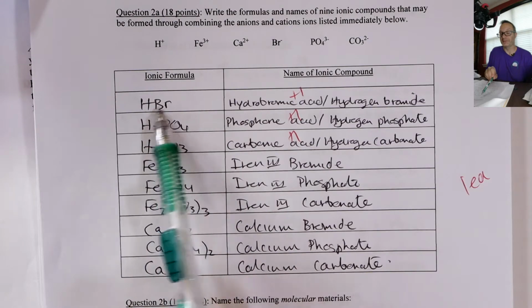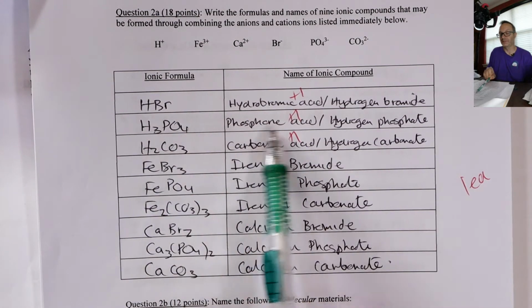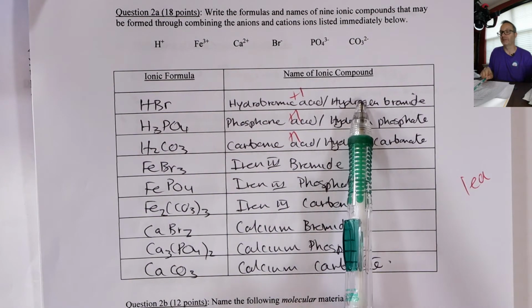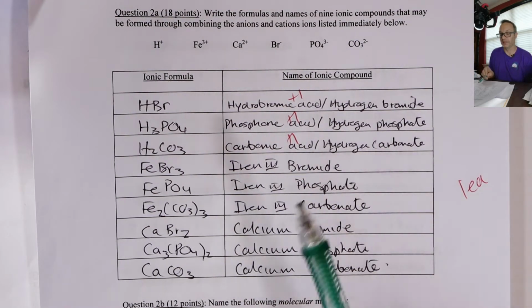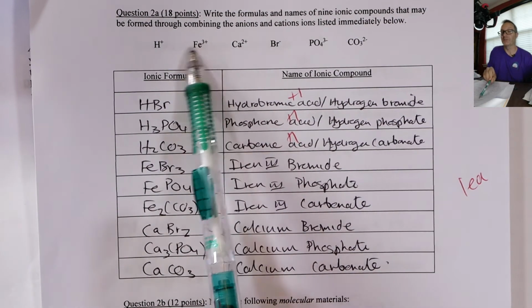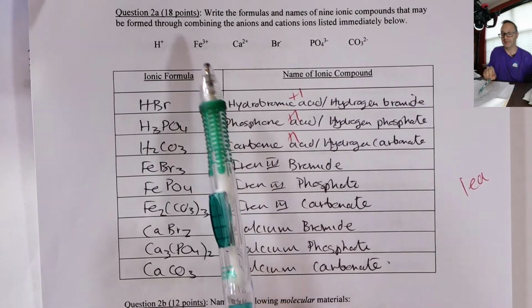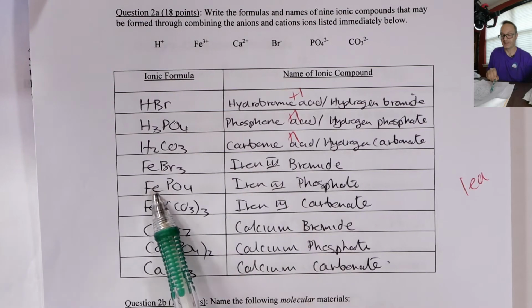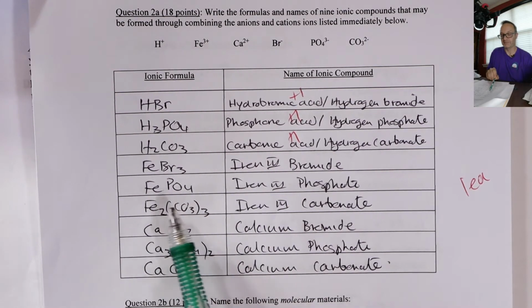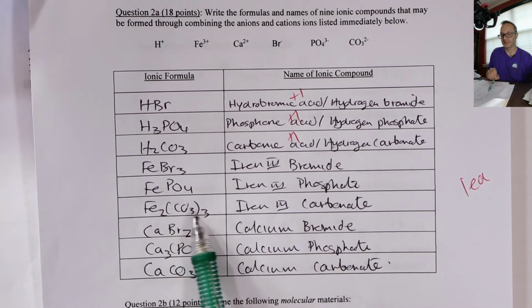Extra credit if you told me that was an acid: hydrobromic acid, phosphoric, carbonic. But I gave regular points if you just told me the ionic names: hydrogen bromide, phosphate, and carbonate. For the ions, because iron comes in +2 or +3, you had to tell me it was a 3, that's why you get a 3 there. So +3, -3; +3, -2; 2 3s are 6, 3 2s are 6.